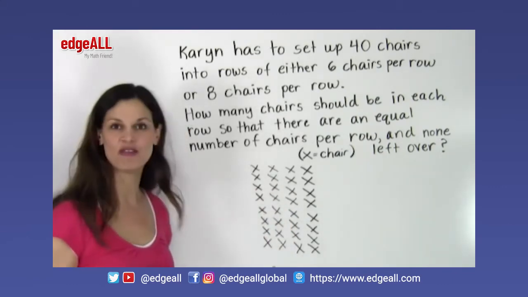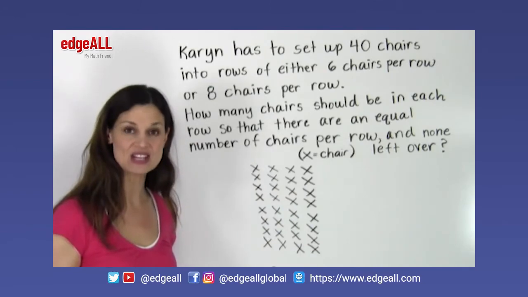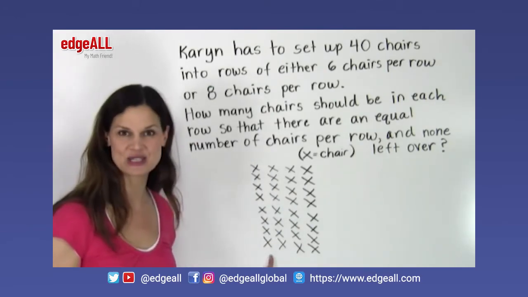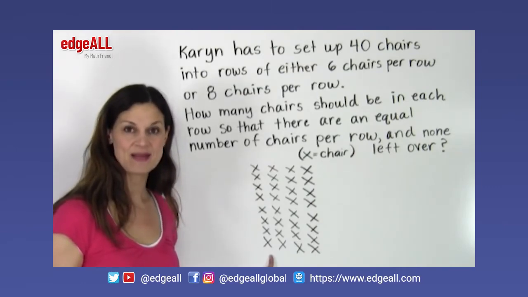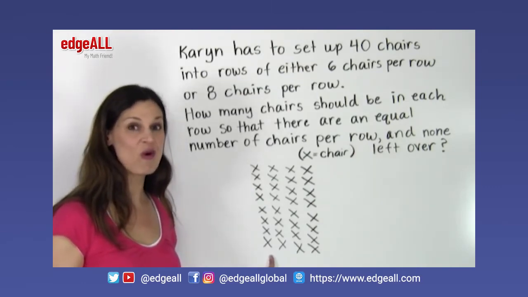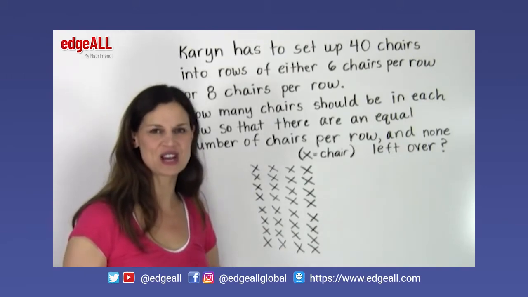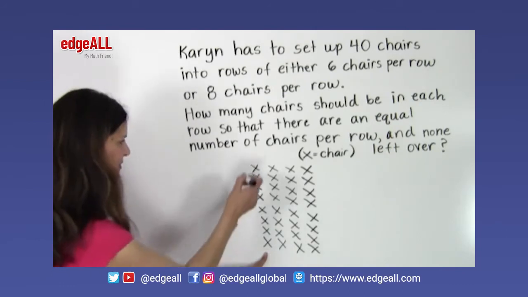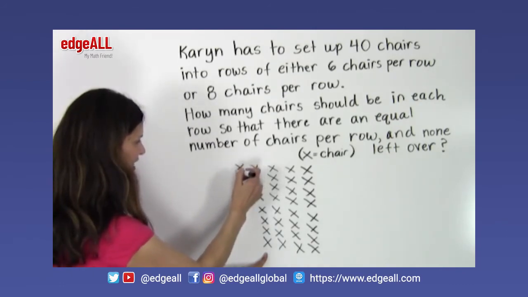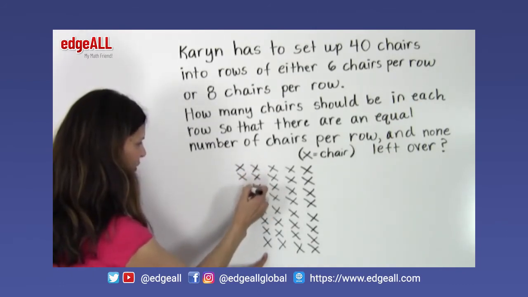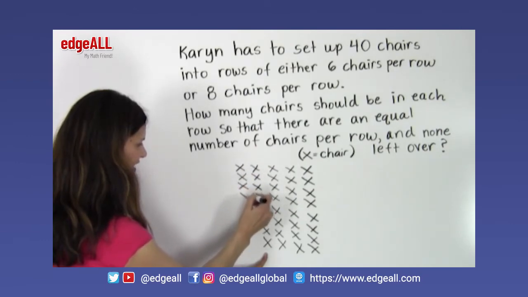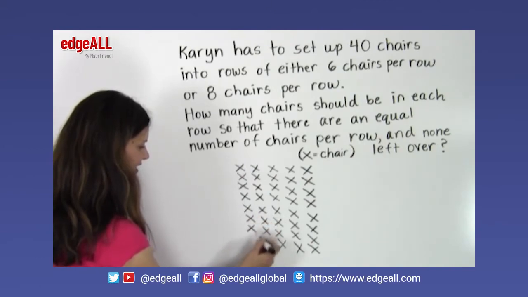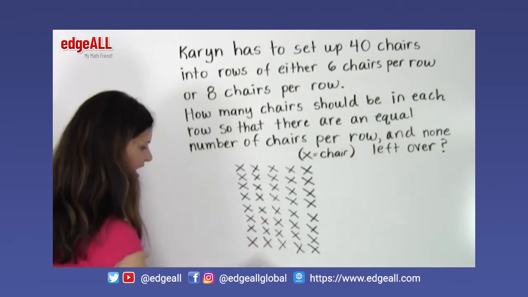So we now have 4 rows of 8 chairs per row, and we're up to a total of 32 chairs set up. Now let's see from 32 to 40 if all of the remaining chairs will fit into a nice even row. So we're at 32, so now we're going to set up our 33rd chair, 34, 35, 36, 37, 38, 39, and 40.